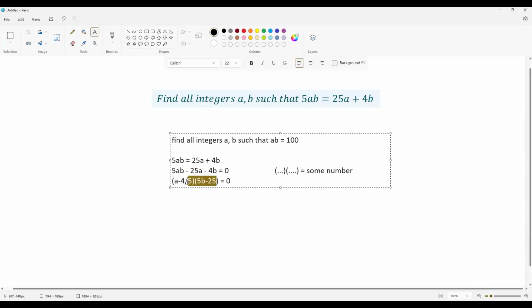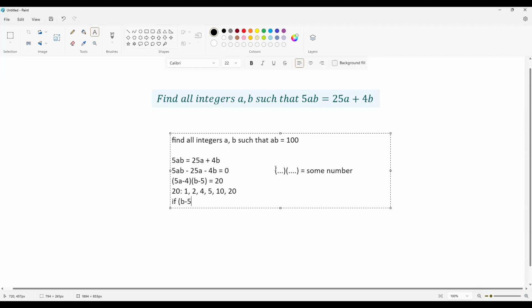So let's try again. Let's say instead of placing the 5 here, we'll put the 5 there. Then to make the 4b, we do that, and to make minus 25a, we do that. And then there's also a negative 4 times negative 5, which equals 20. So now we can check the factors of 20, and we can go through all of them, right?